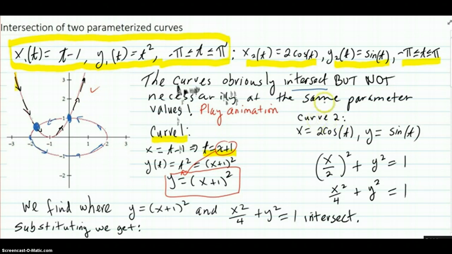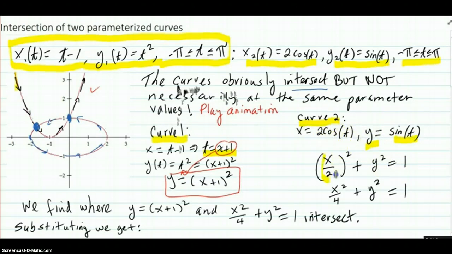Then curve number 2, do the same thing, except we can't really solve it the same way we did the parabola, but it's one of those ellipses. So we know that cosine squared plus sine squared is equal to 1. The y is sine t, and this x over 2 is cosine t.